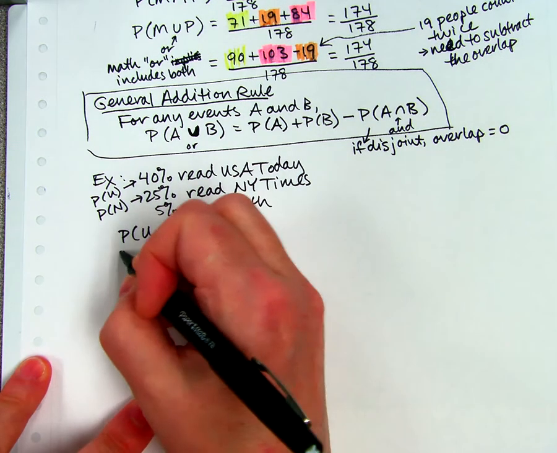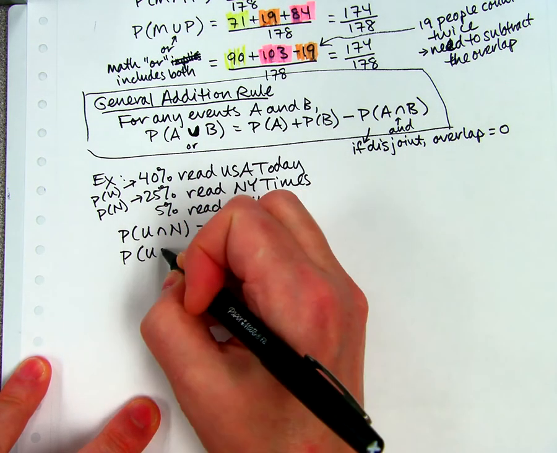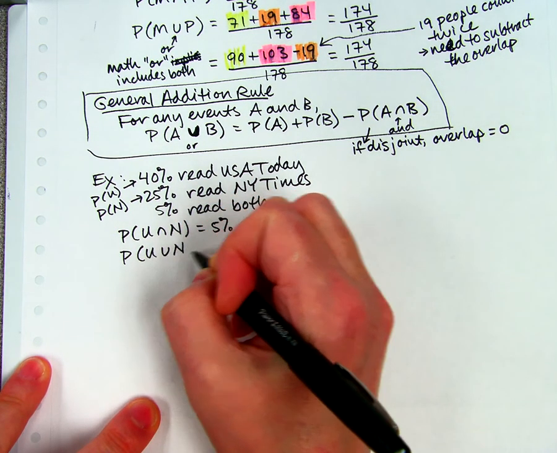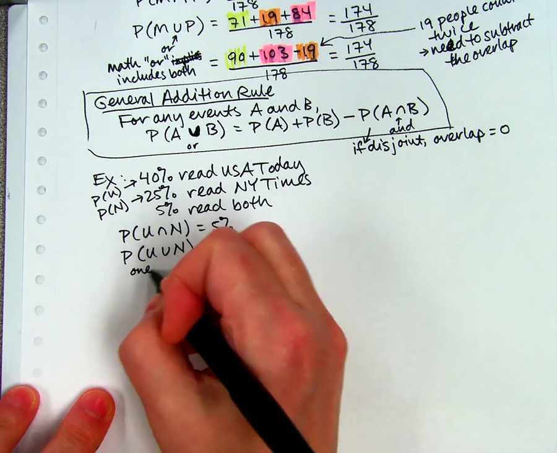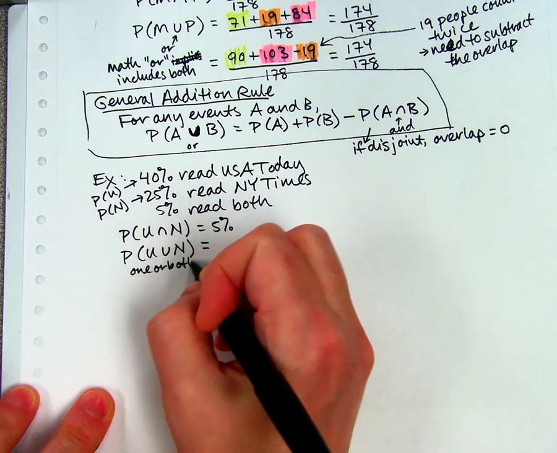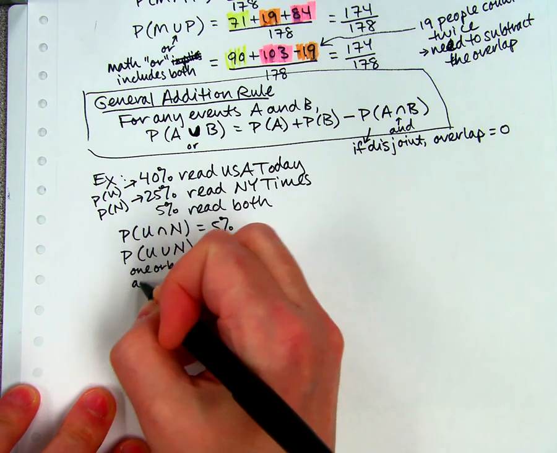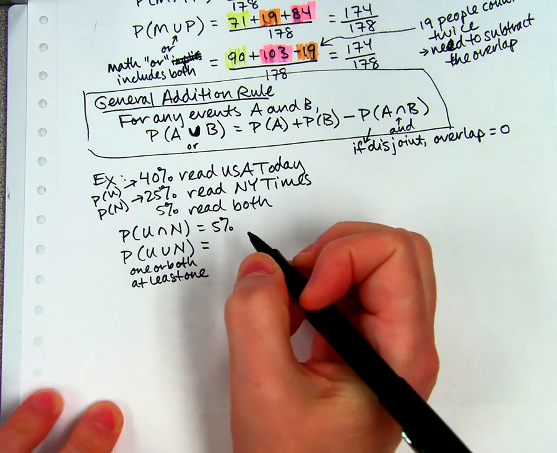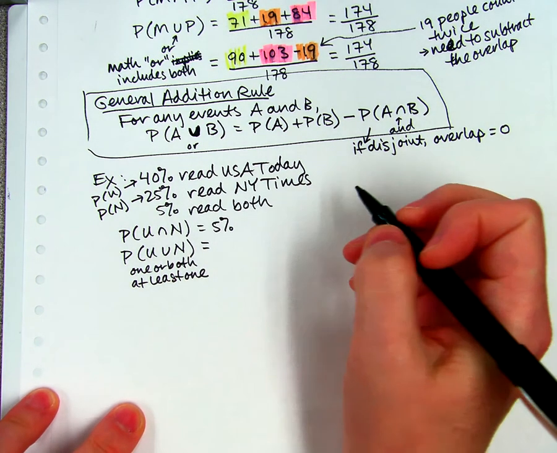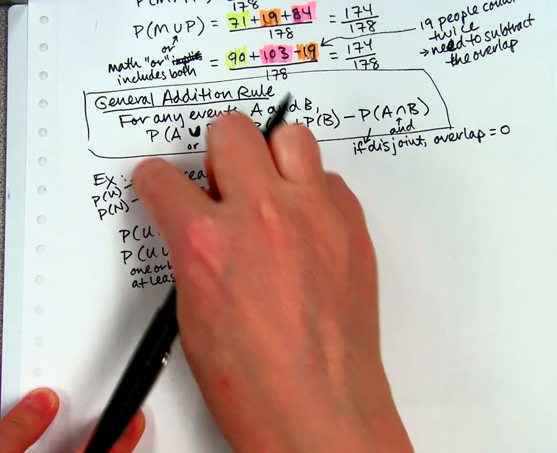If I want to find the probability of U union N, which is U or N, the probability of one or the other or both, or I could say this is the probability of at least one. That's what that symbol means. Then I do the formula, and I have the numbers.